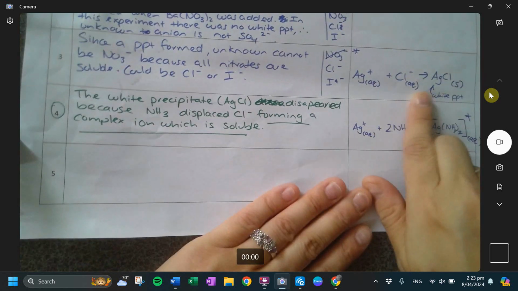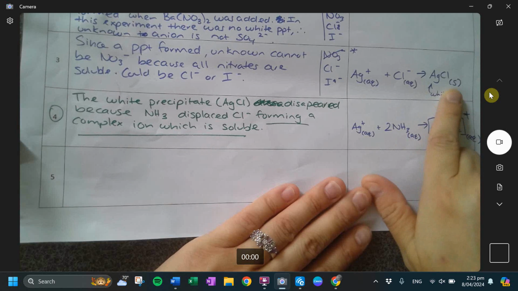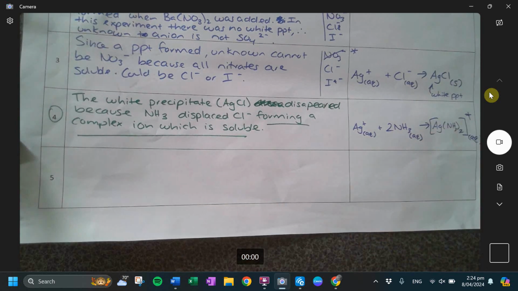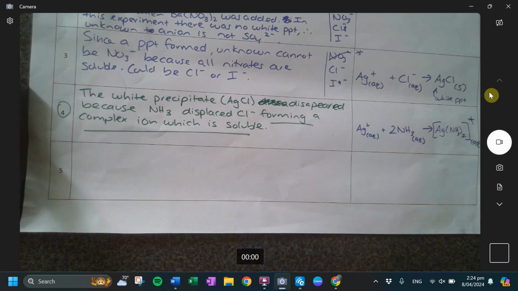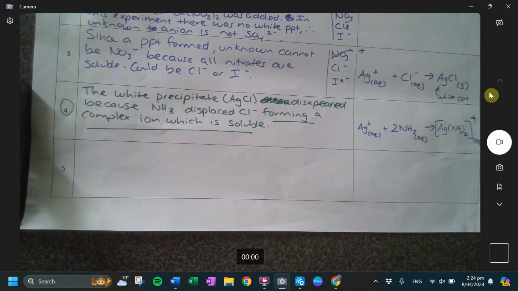You could also go through in the equations and write down your states because that indicates to me you know that that solid is silver chloride. So lots of different options. I would suggest you do more rather than less because it's basically just safety nets. If you make a mistake with the states here, I can forgive you if you have it written down somewhere else and vice versa. So it just provides me more evidence. Are we good so far?